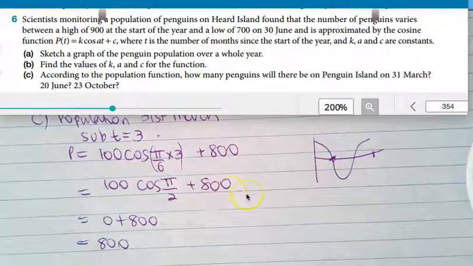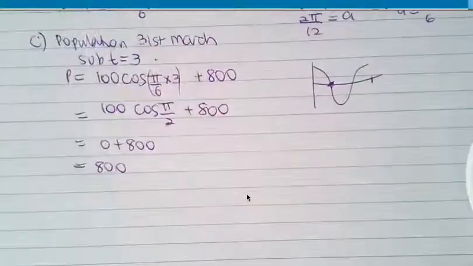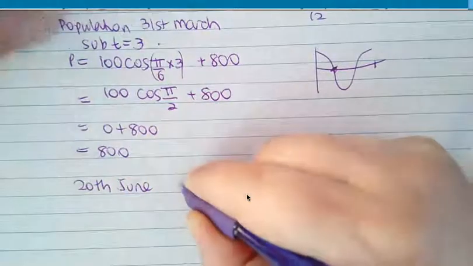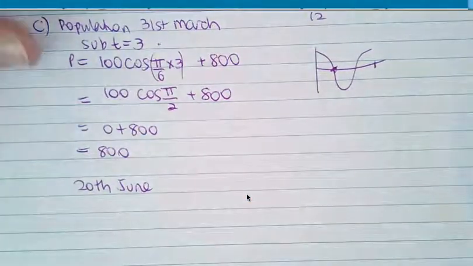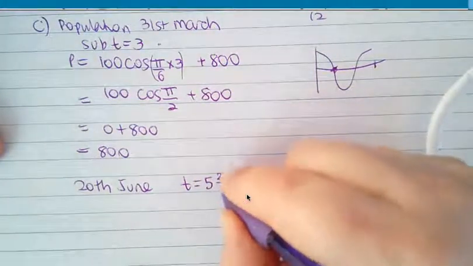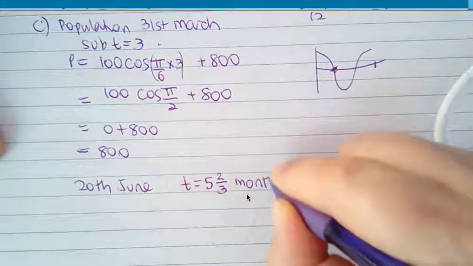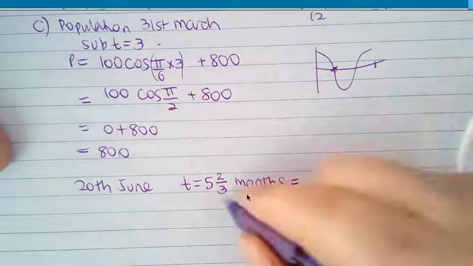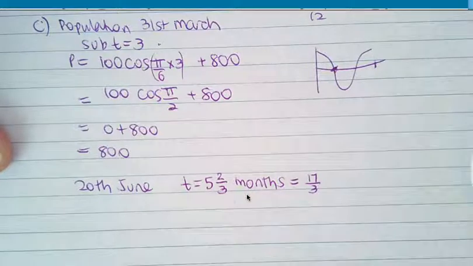Then we want the 20th of June. So population on the 20th of June. Now you could say that 30 days has September, April, June and November, so that the time is 5 2/3 months. That'll do. Writing that as an improper fraction, isn't that 17 on 3?